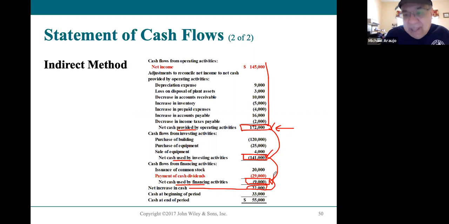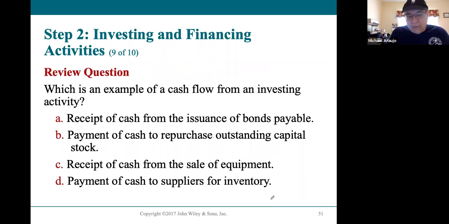More cash came in than went out by 22,000. Okay. So the cash at the beginning of the year was 33,000. It increased by 22,000. And so the cash at the end of the year is 55,000. This is on the balance sheet.